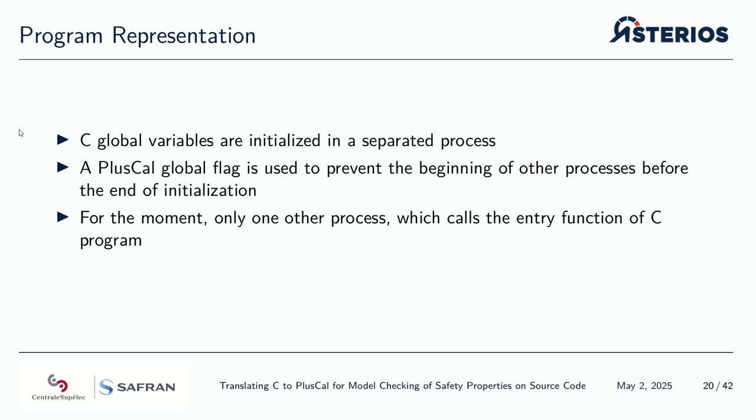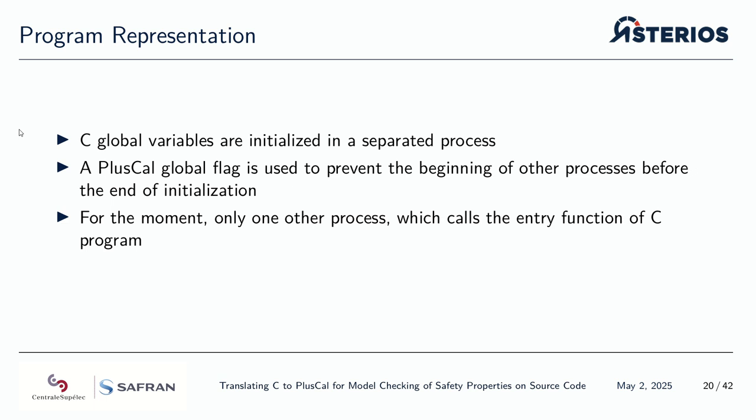That is implemented because at the beginning we wanted to automate the translation of different threads in C programs, but we didn't have the time to do it. So for the moment, we only have one other process in the program that will call the entry function of the original C program. But in the end, if we want to translate different C threads into different PlusCal processes, we will need another process that will initialize the global variables that will be shared between the different processes.